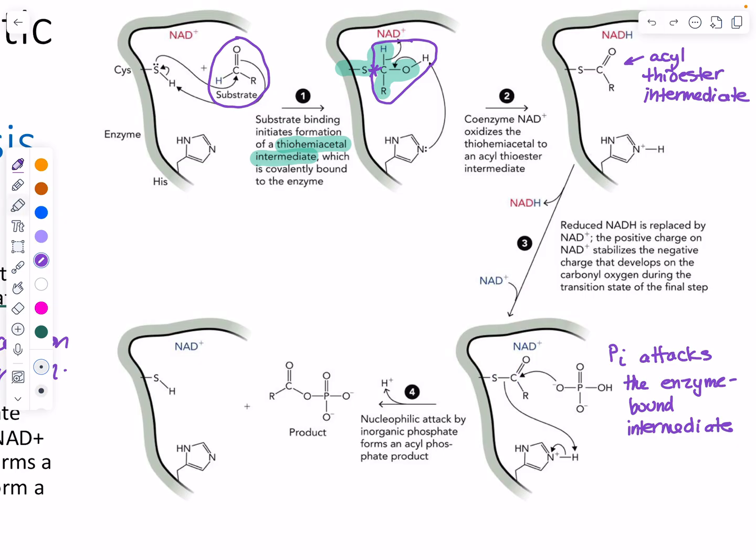Let me do a highlighter so that appears better. So this is the bond that's going to be cleaved. Here's our product, and our enzyme has been regenerated in the initial state. Okay.